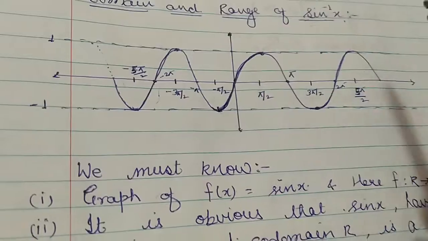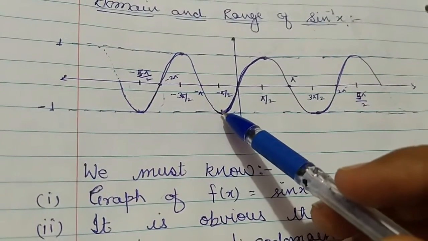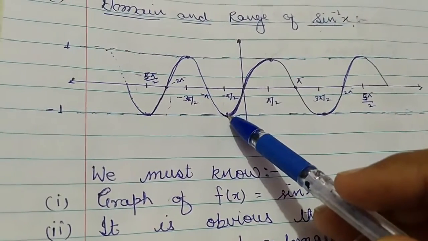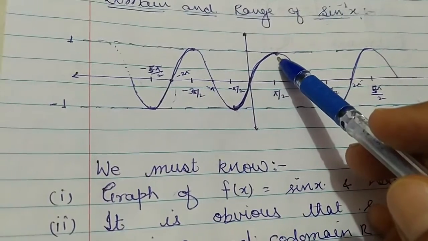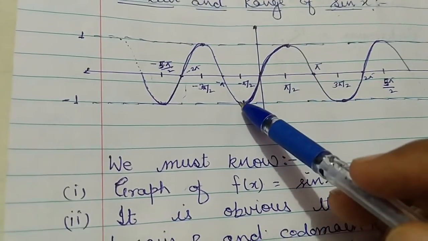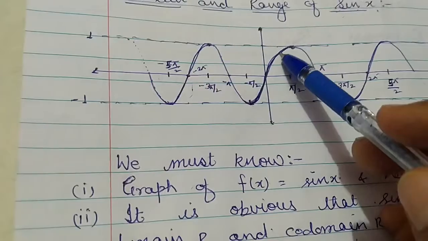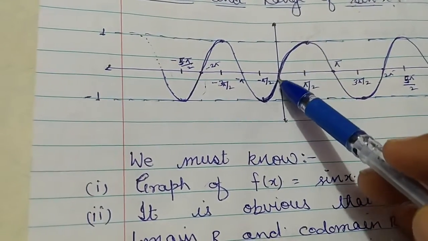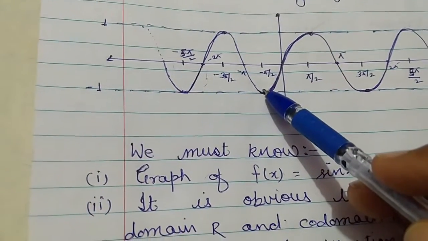Now if we take the domain from -π/2 to +π/2, then this branch of the function is known as the principal branch.